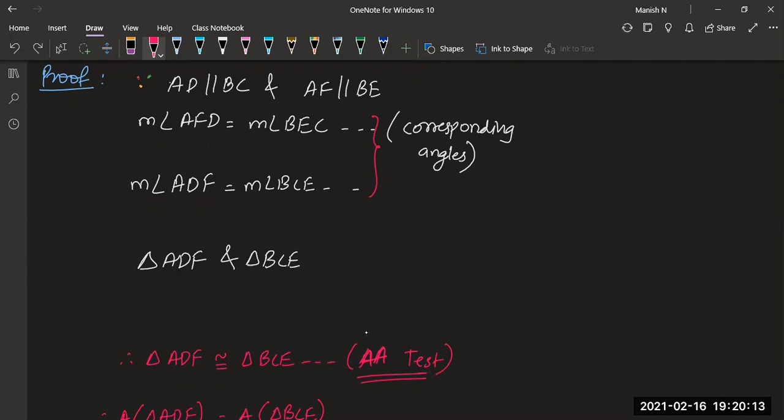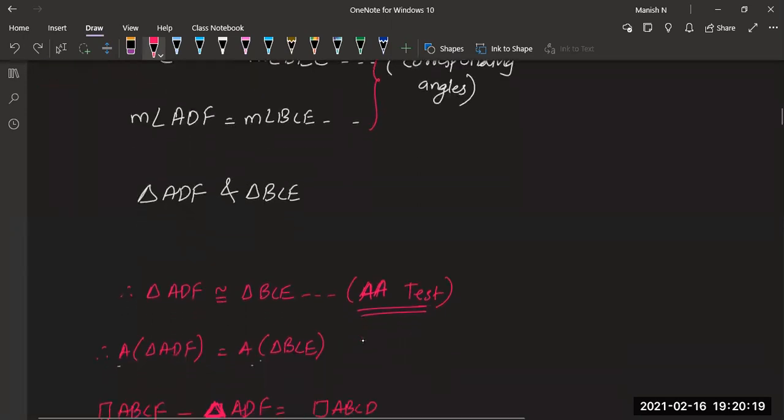If they are congruent, their areas are also equal. We have not yet proved that the parallelograms have the same area, but we have proved that area of triangle ADF is equal to area of triangle BCE. Let's name this equation 1, right?